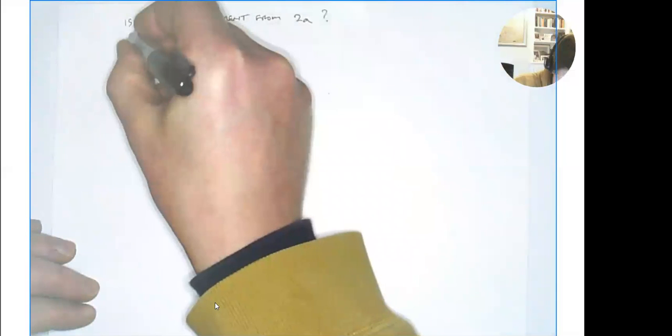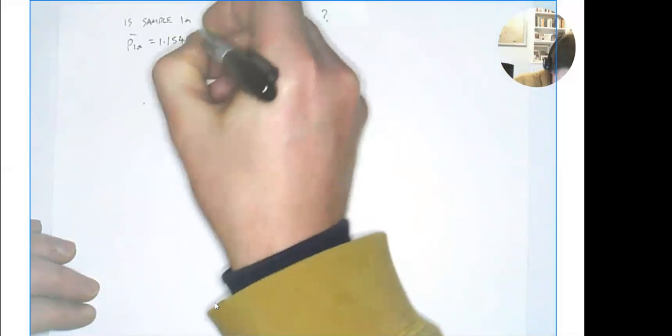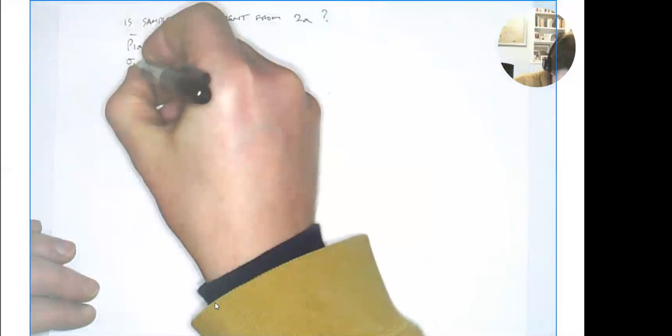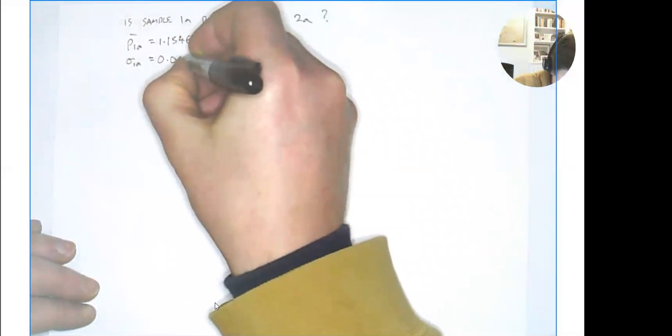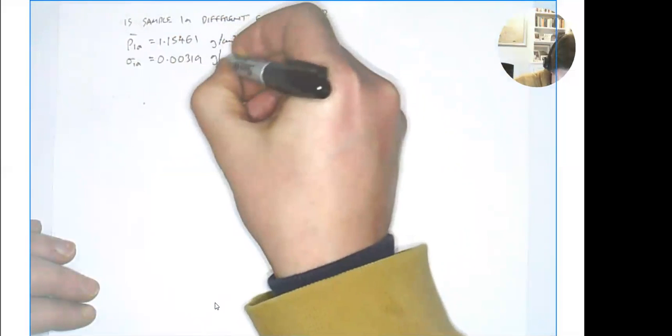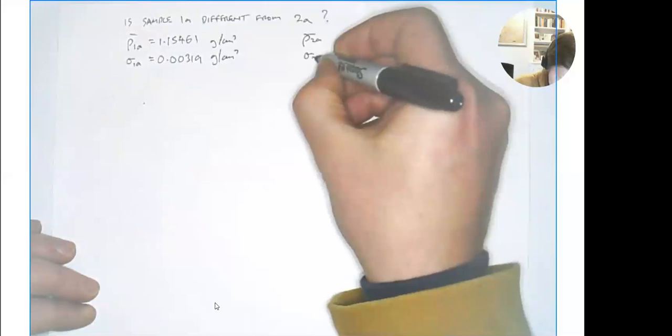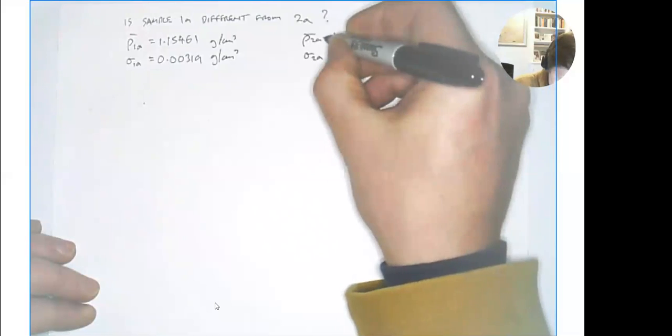The mean density for 1A was 1.15461, and the standard deviation, and for 2A we have these numbers.